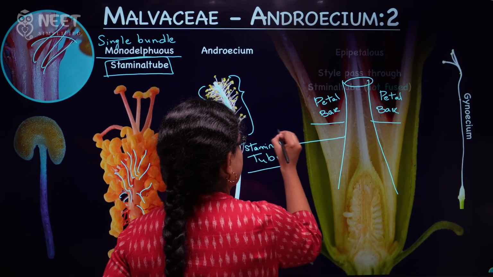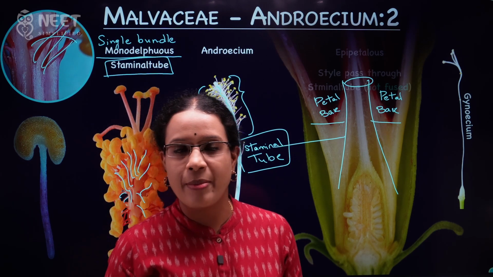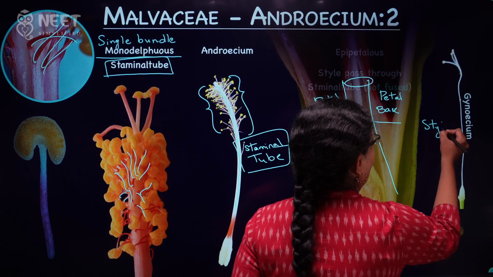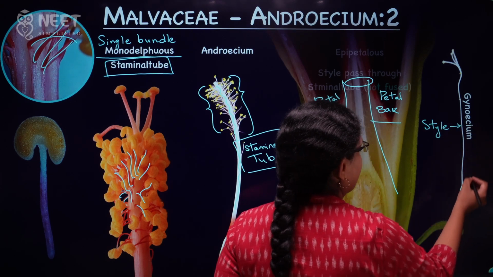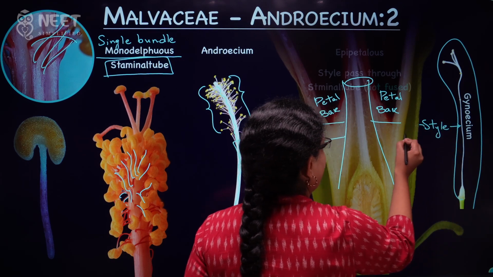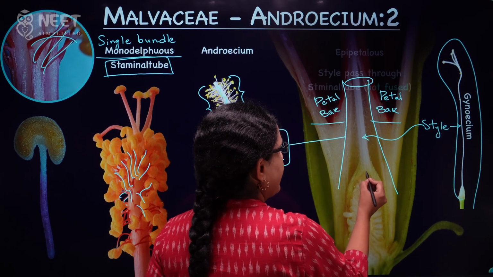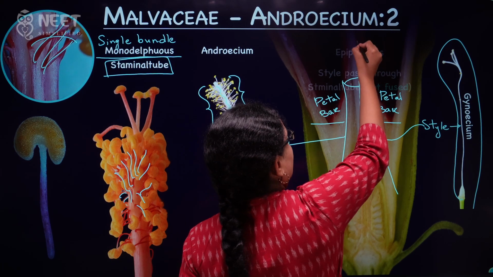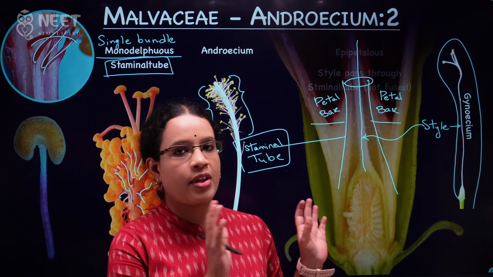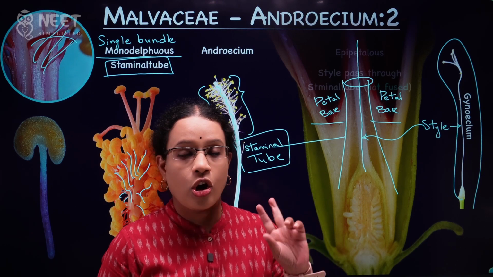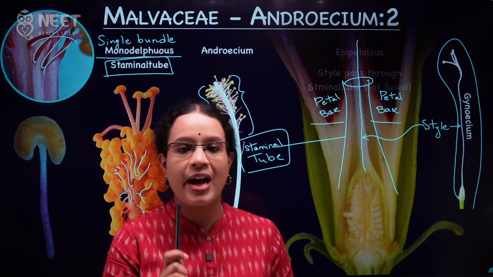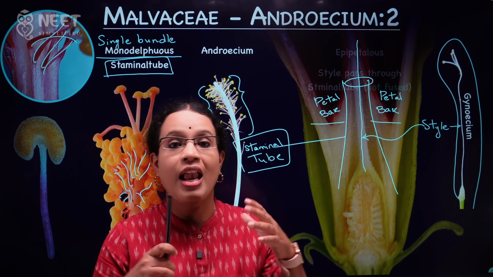And also one more special feature of the staminal tube is that you will see the style of the ovary, as you can see here. So this is our gynoecium you are seeing here. The style, which you can see here as well, is passing through the staminal tube. So the basally adnate condition has to do something with the staminal tube, isn't it? Also, the second feature of this is that the style of the ovary passes through the staminal tube.